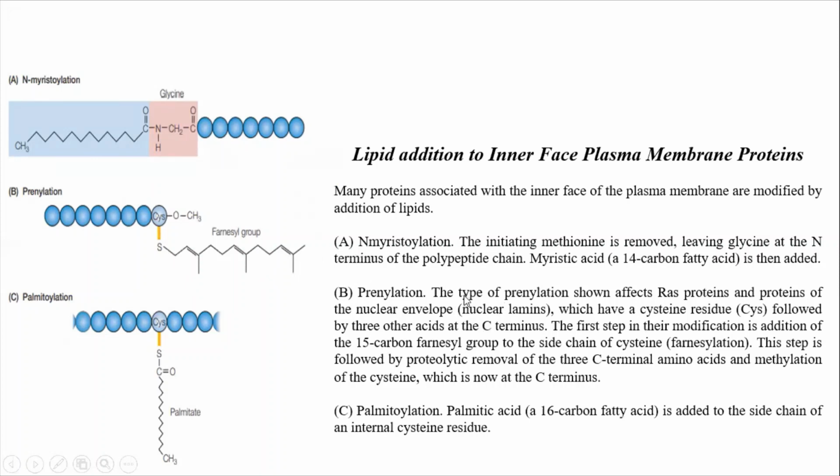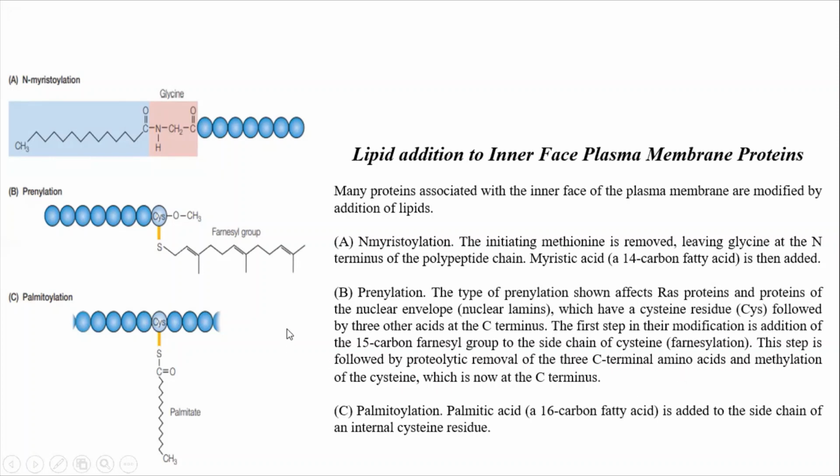Prenylation affects RAS proteins and proteins of the nuclear envelope, which have cysteine residues followed by 3 other amino acids at the C terminal. The first step in the modification is addition of a 15 carbon farnesyl group to the side chain of cysteine. This step is followed by proteolytic removal of the 3 C-terminal amino acids and methylation of the cysteine, which is now at the C terminus.